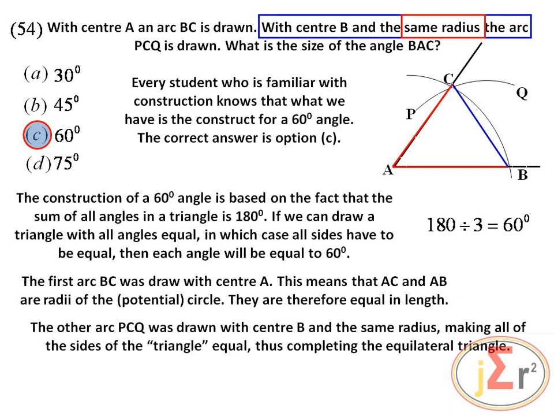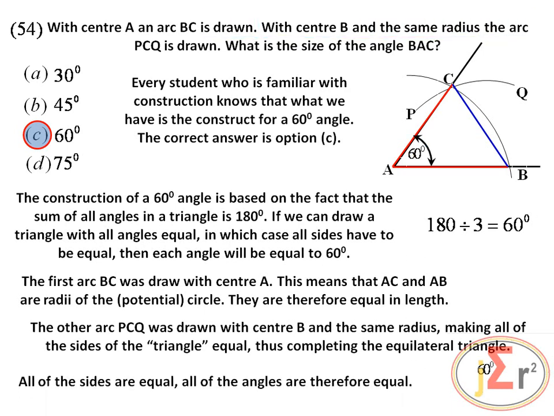Since all angles are equal, each one is equal to 60 degrees. All of the sides are equal. All of the angles are therefore equal. Each one is equal to 60 degrees, and we are sure that the construct is that of a 60 degrees angle.